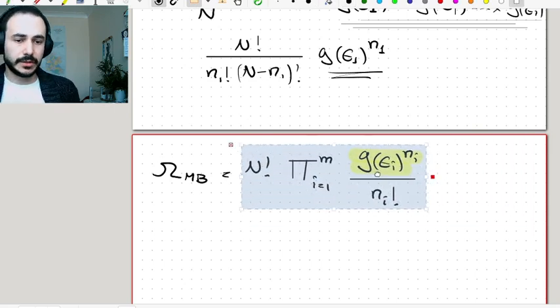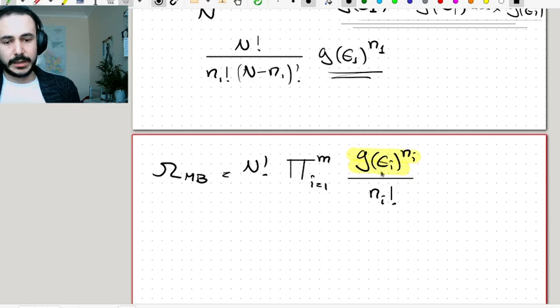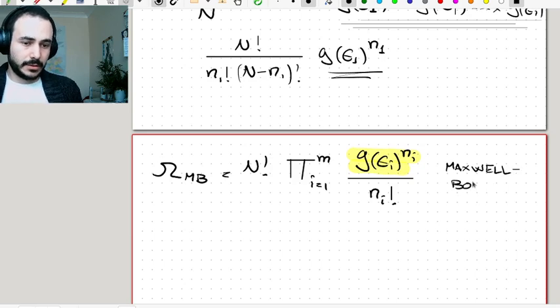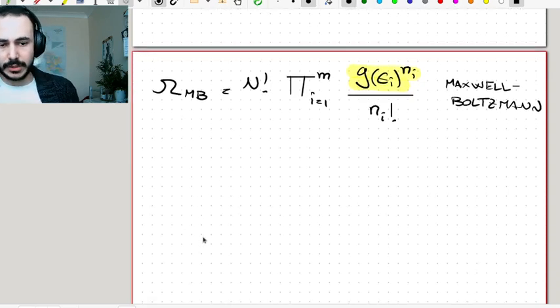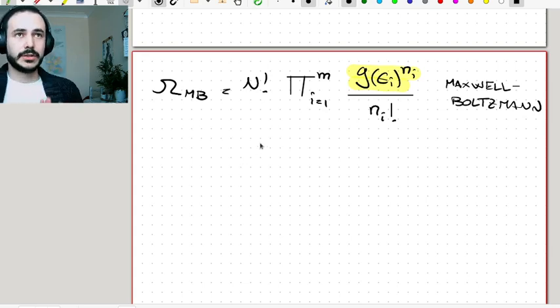So this is the new statistical weight. And the name here stands for Maxwell-Boltzmann. Okay? It's like the classical one. Okay, so this is now the new statistical weight that we have. Just a slight modification of what we had before, because now we are choosing to define macrostates slightly differently.